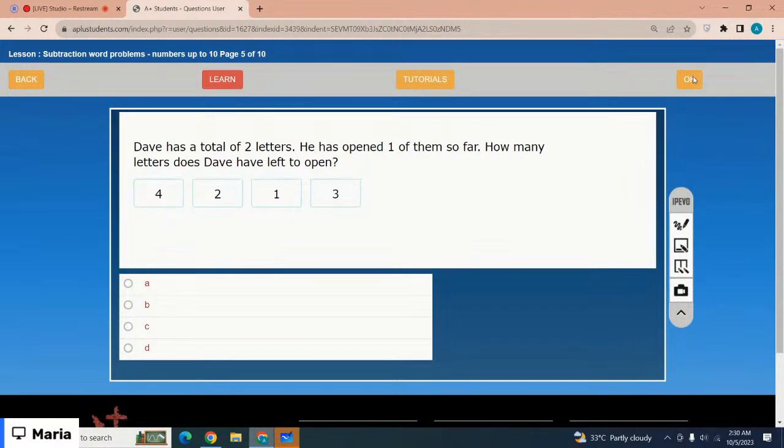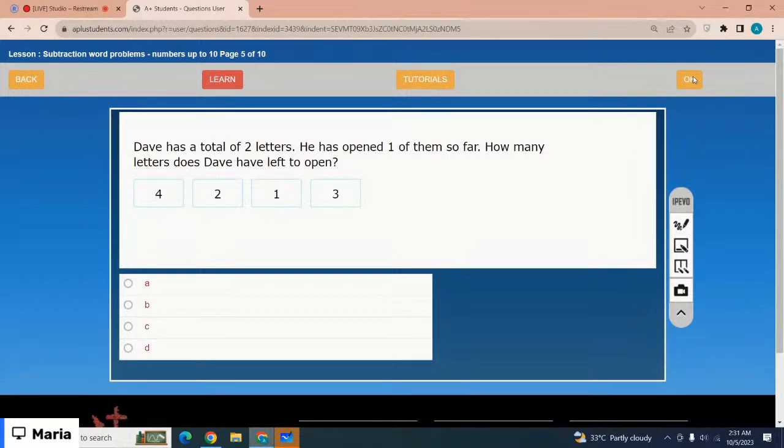So which is the correct option? The total letters were 2, right? Only one of them he opened so far.